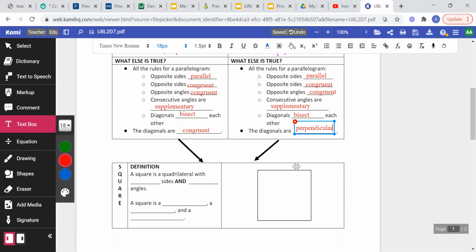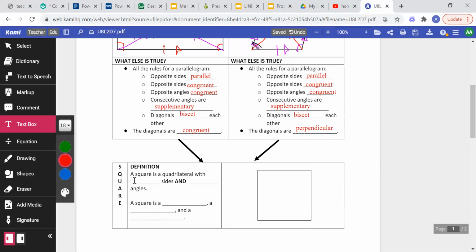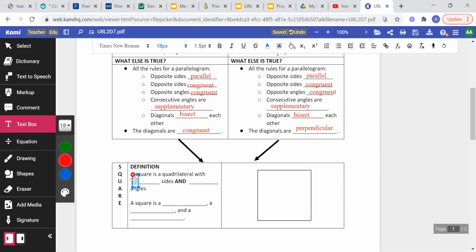And then if we go further, we're going to see a square. As we all know, a square is a quadrilateral with congruent sides and congruent angles. So here, what we can see is that all the specifications of a rectangle and a rhombus are encompassed, clustered, put together to form a square.